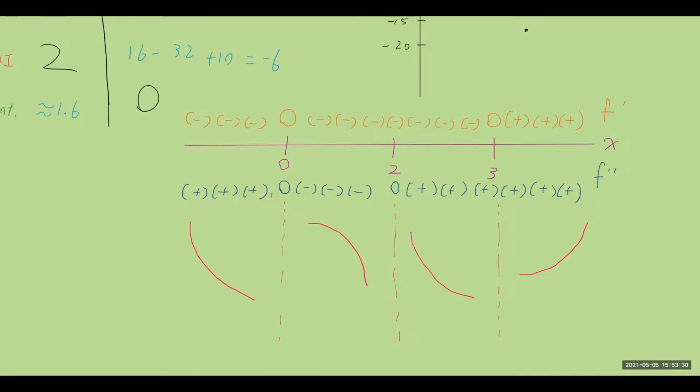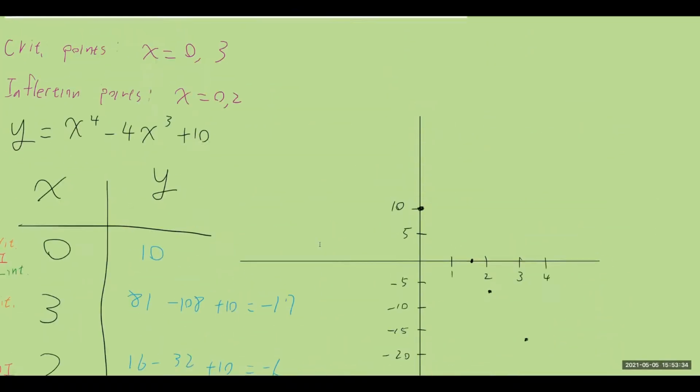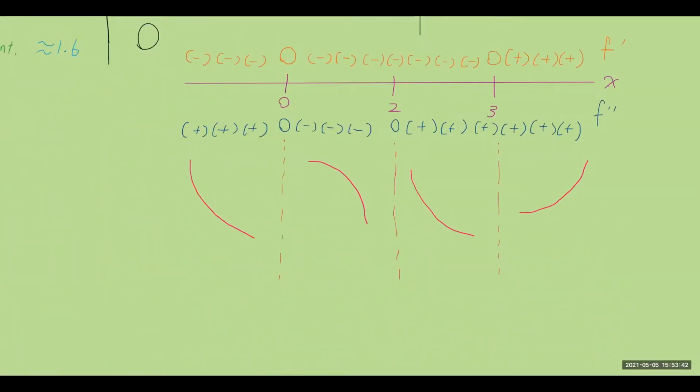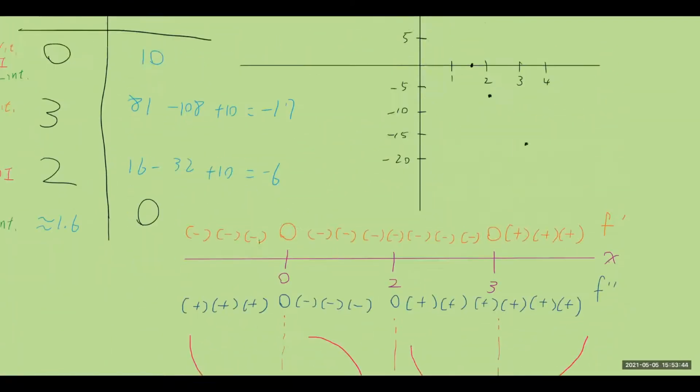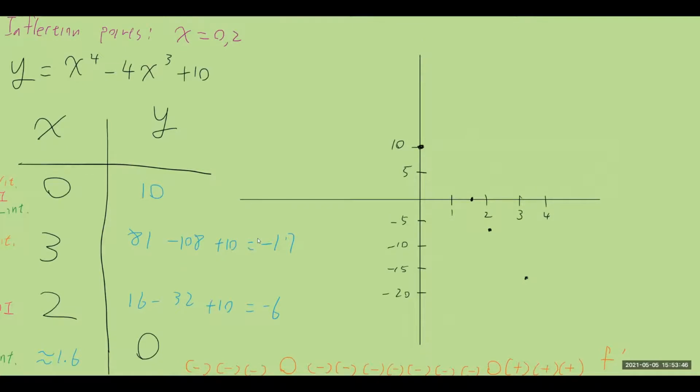To the left of 0, so 0, 10, that's the y-intercept. To the left, it's going to go up, decreasing and concave up. So it'll look like this.